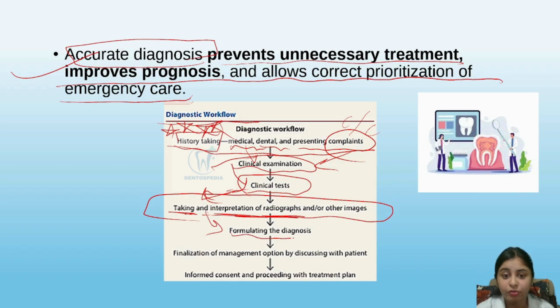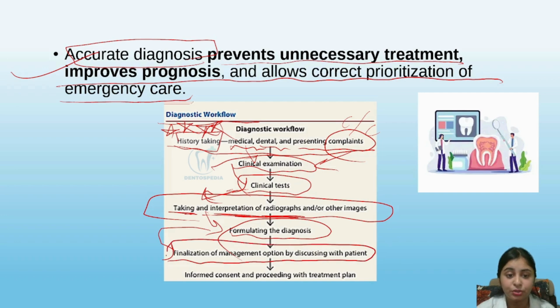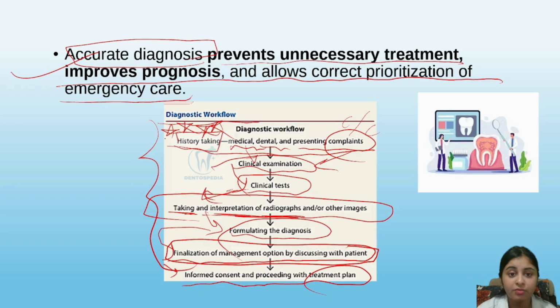Then coming to the formulation of the diagnosis. Then finally, the management options by discussing with the patient. So here we discuss the final management with the patient, and then with informed consent proceed with the proper treatment plan. So we can see how the diagnostic workflow goes from the case history, to diagnosing the patient, and then to a proper treatment plan.